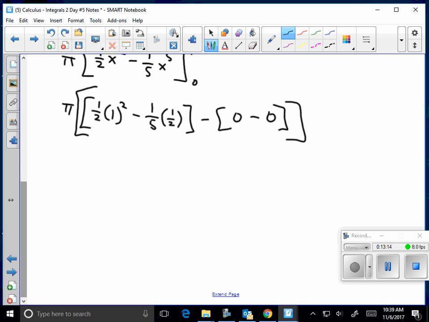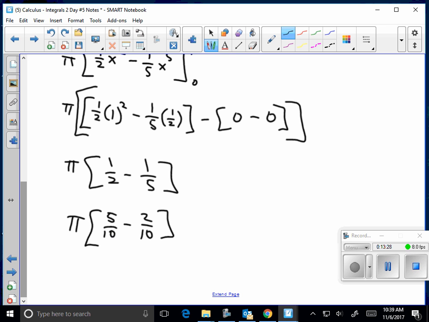Well, 1/2 of 1 is 1/2, so it's going to be pi times 1/2 minus 1/5. Of course, fractions, thank you. So let's put that in tenths. That'd be 5/10 minus 2/10. So it looks like my volume of revolution here will be 3 pi over 10 units cubed.